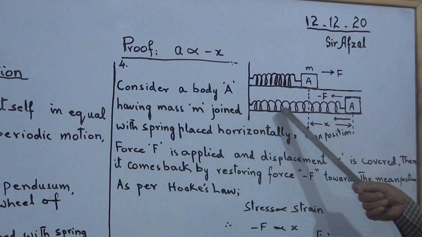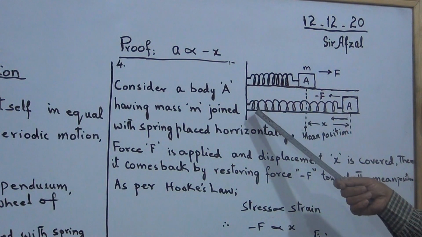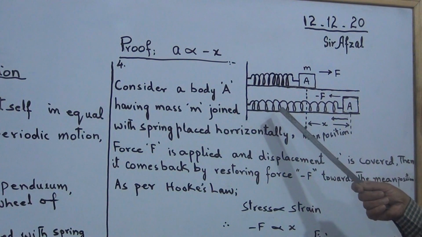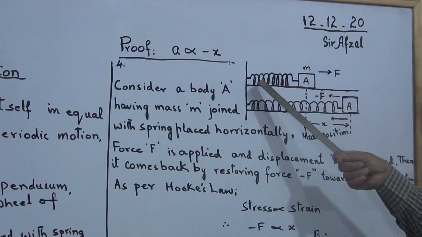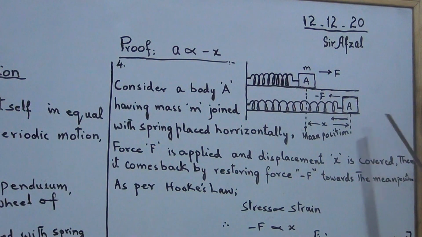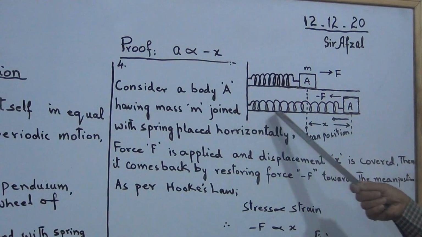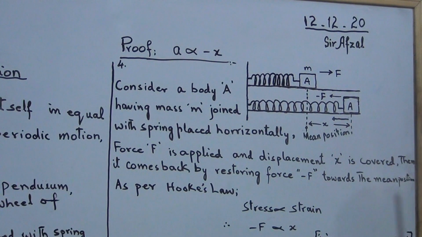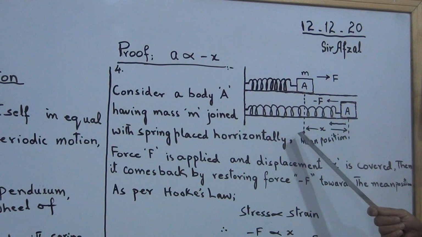Now there is a restoring force in the spring because you have applied the force on the body which extended the spring. So the extension in the spring gives the restoring force. Now this restoring force brings back the body towards the mean position.